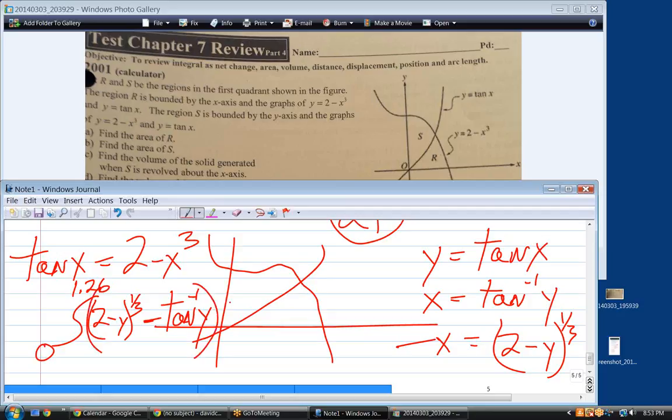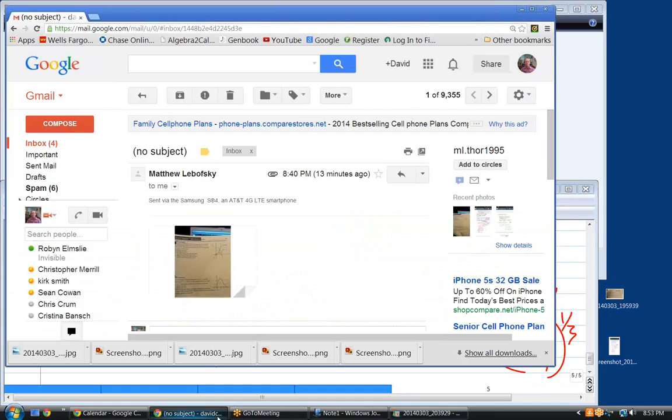Well, we don't really know how to integrate it, but your calculator does. So that's the expression. I'm sure that's what she has.